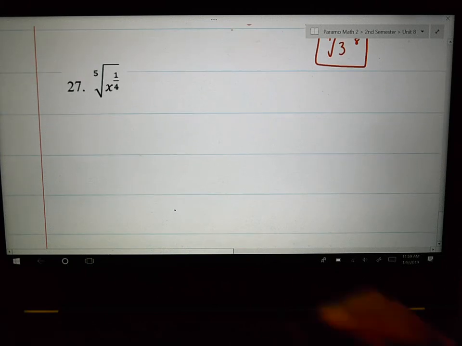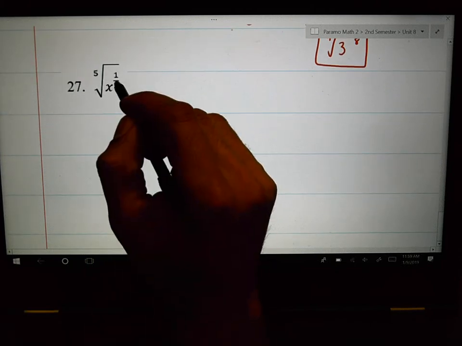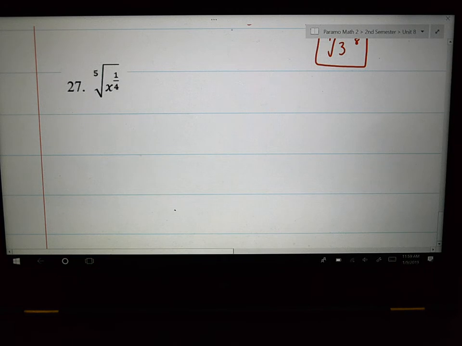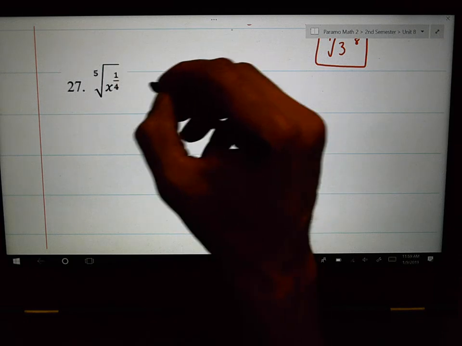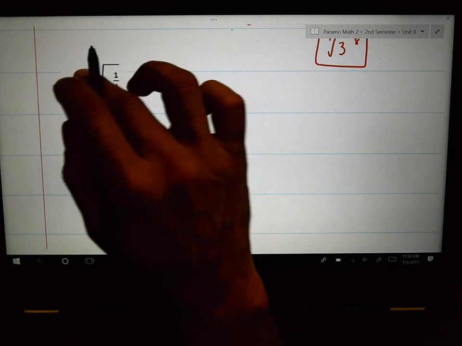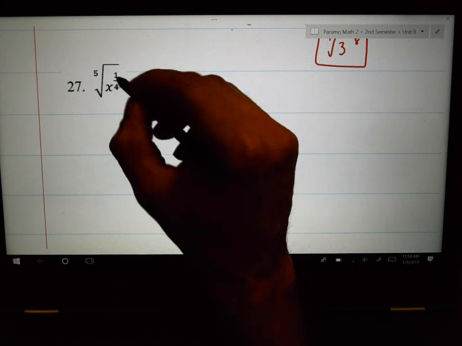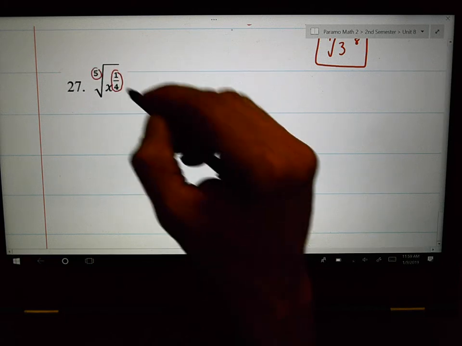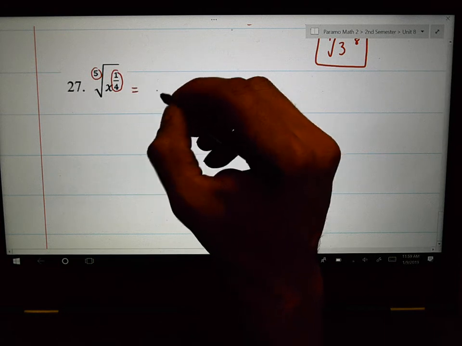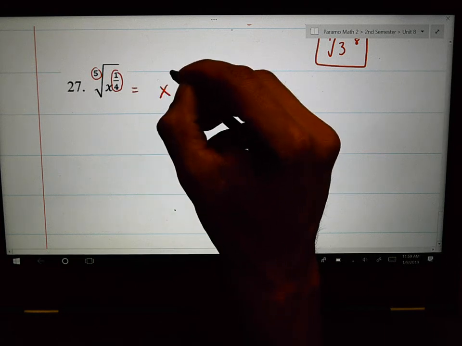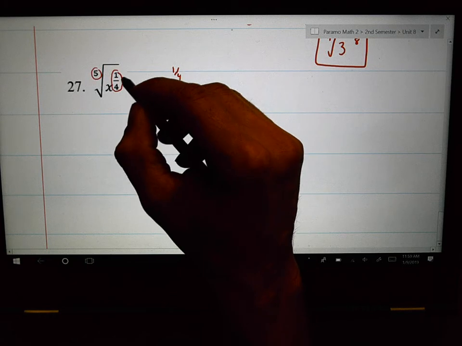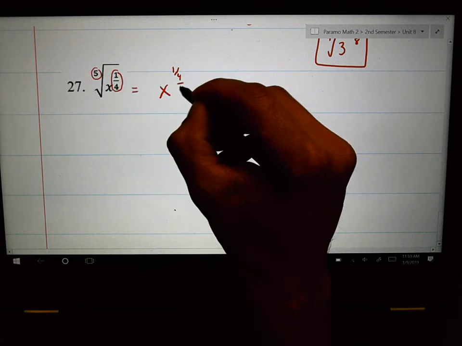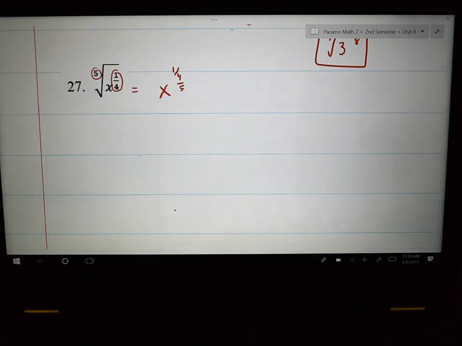Number 27, we have x to the 1/4, and we're taking the 5th root of it. What I think of when I see this is I think of something is to the 5th root power, you can say that this is the exponent and that this is the root. So the way that Mr. Dittman shows this is he does exponent over root. 1/4 divided by 5.